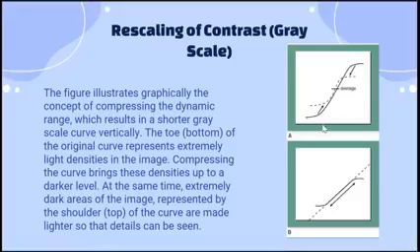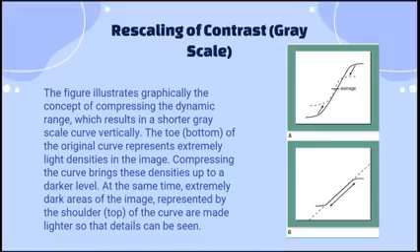Compressing the curve brings these densities up to a darker level, and at the same time, extremely dark areas on the top of the image, represented by the shoulder of the curve, are made lighter so that details can be seen. So you compress this so that high contrast will be achieved.